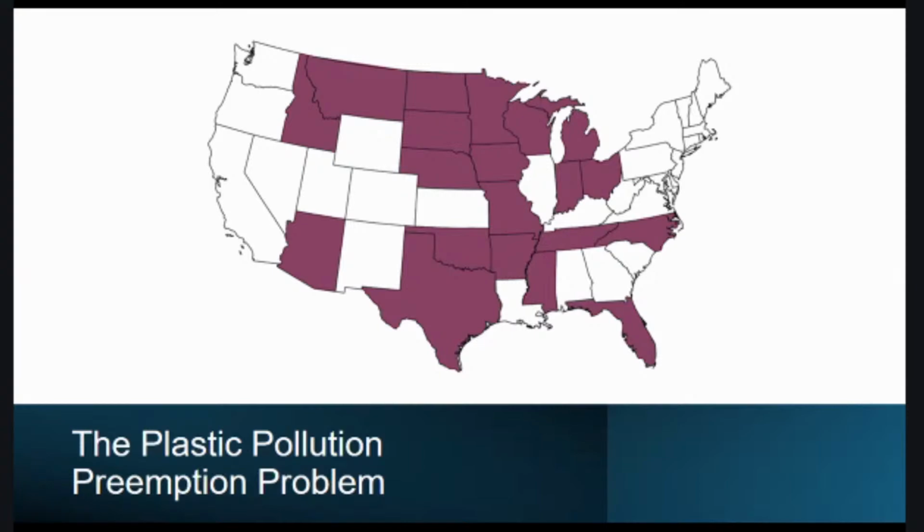By preempting local control, what you're really doing is leaving those local communities holding the bag and with far fewer tools to deal with the quantities of waste that we're dealing with. So that's one of the real concerns that we have from a policy perspective that we're seeing around the country.